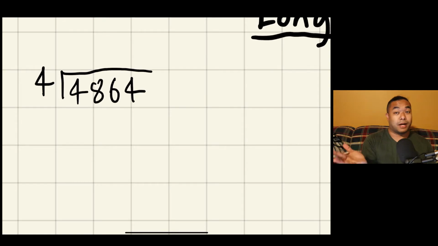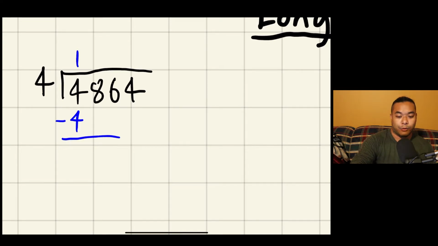But if I am not sure about 48, I could always start with 4. So 4 goes into 4 one time. So 4 times 1 is 4. We subtract these amounts to get 4 minus 4 is 0. Bring down the 8.